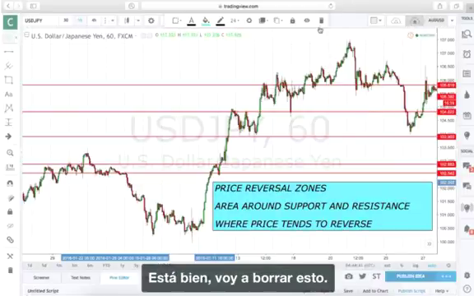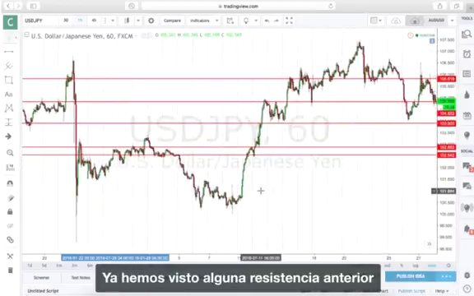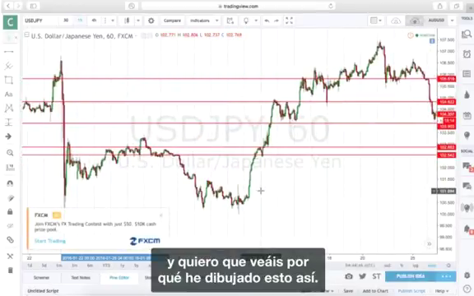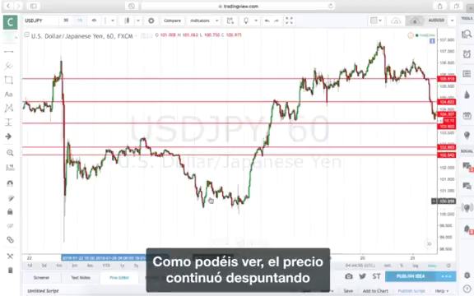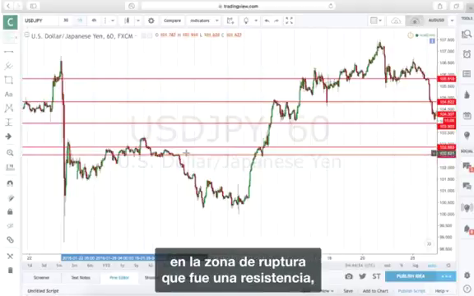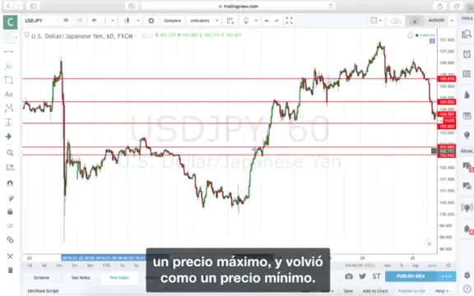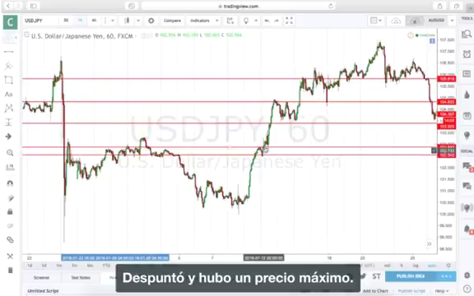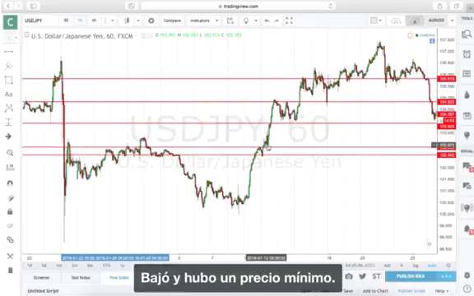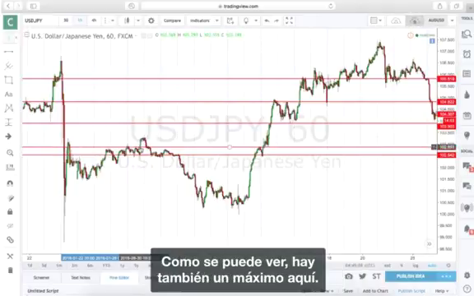Okay? So I'm going to delete this. Now, we already went over support and resistance, and I want you to see exactly why I drew what I drew. As you can see here, price broke above an area that was once resistance, aka a ceiling, and it came back and became a floor. There's also a ceiling over here as well.